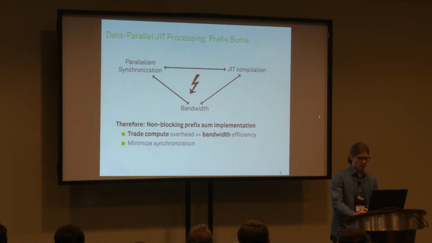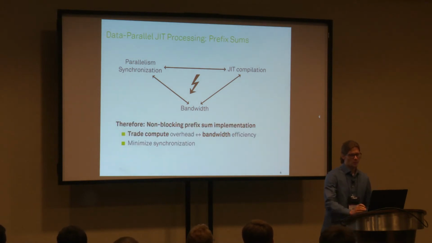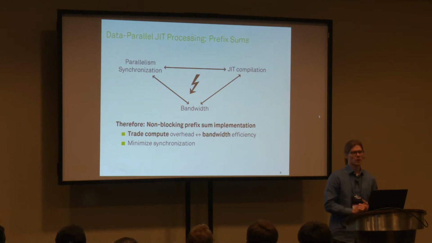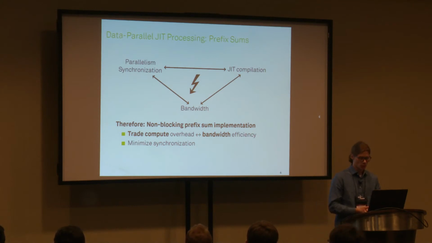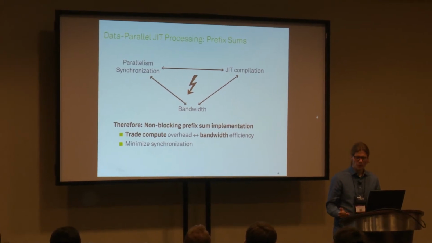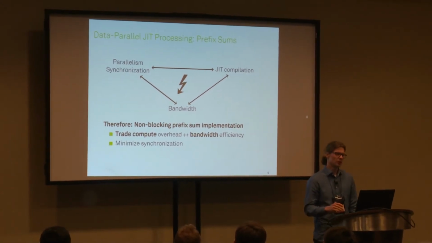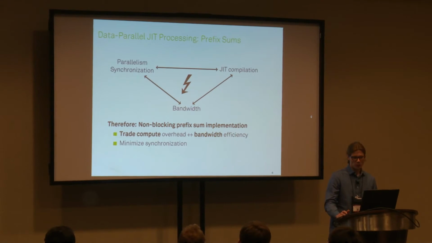To address this, we use a non-blocking prefix sum implementation, which allows us to eliminate these additional pipeline breakers in parallel GPU processing. The non-blocking prefix sum is maybe not the best performing implementation for a prefix sum, but we trade a compute overhead for a big increase in bandwidth efficiency, which finally outweighs this issue.